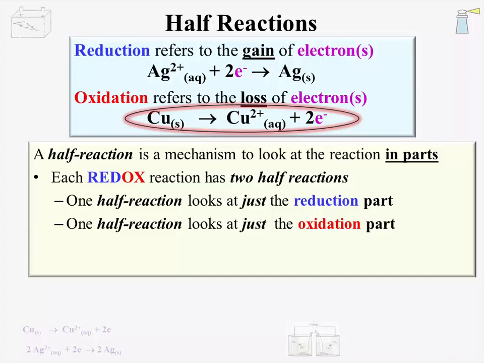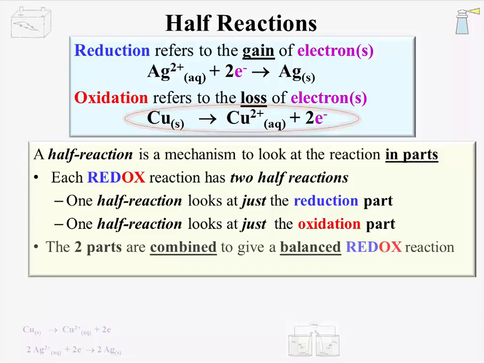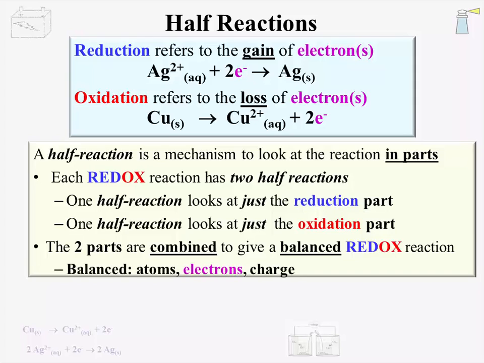These half reactions do not occur on their own. As will be shown in detail in the next lecture, the 2 are recombined to give the correct balanced redox reaction equation. Balanced here means balanced atoms and balanced charge.